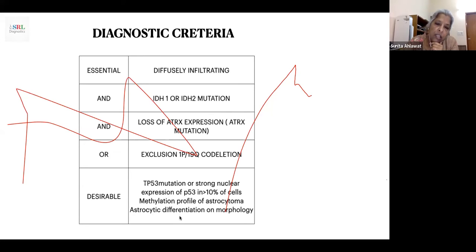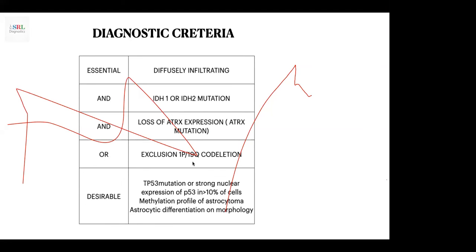If we see this, this is desirable, but essentials are diffusely infiltrating glioma, IDH1 or IDH2 mutation, loss of ATRX expression, and lack of 1p19q co-deletion.